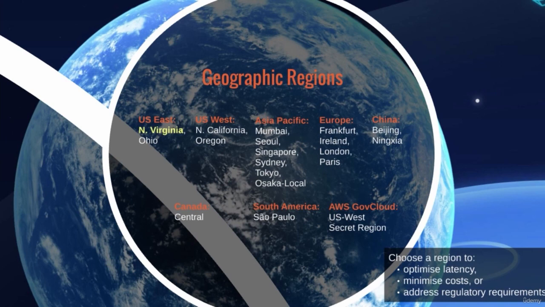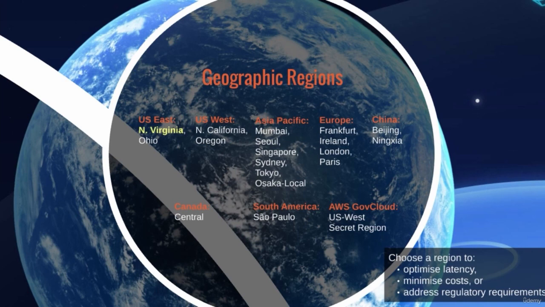Your choice of region can depend upon a number of things. You may want to have the lowest latency, and you want your server to be located as close to your customers as possible. But you may also want to minimize costs. For example, I'm located here in Australia, but I mainly use the North Virginia region because it's cheaper for me.